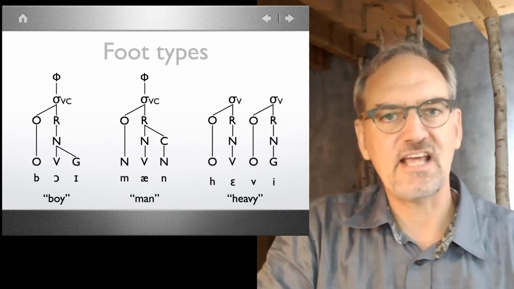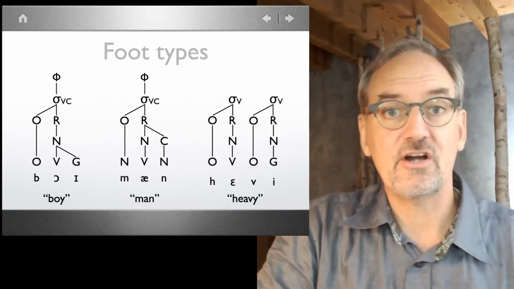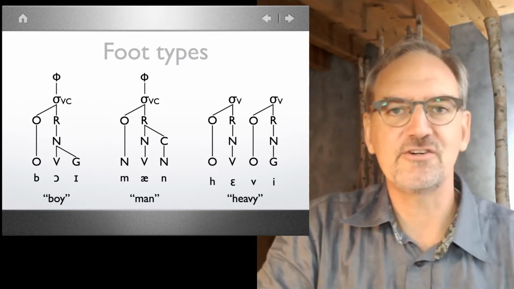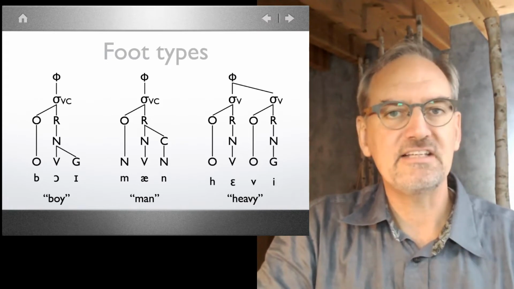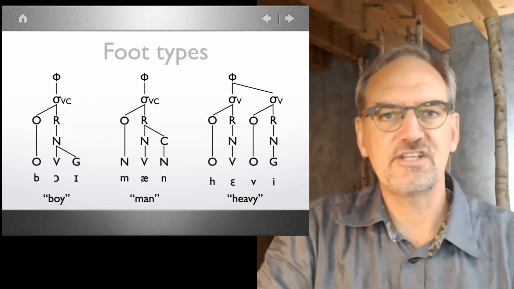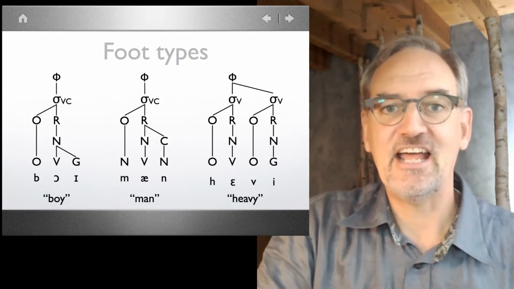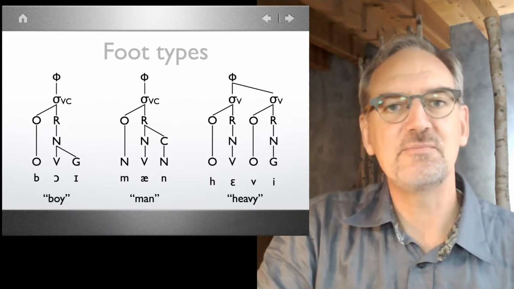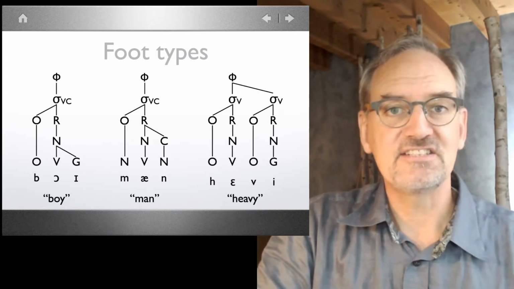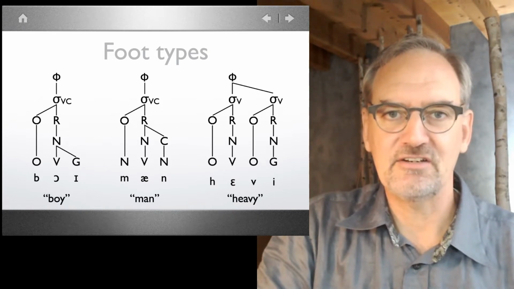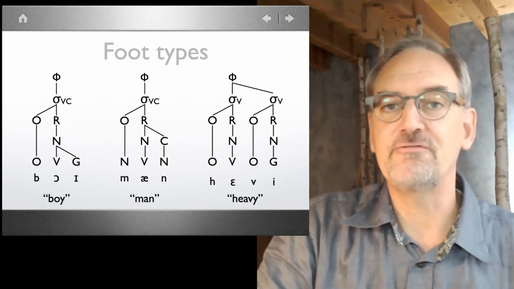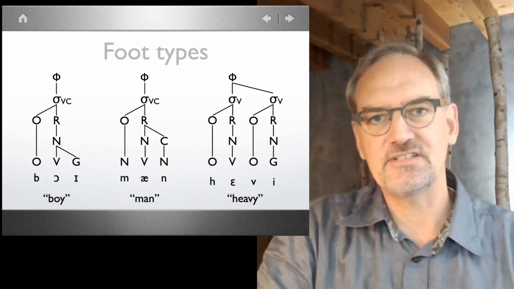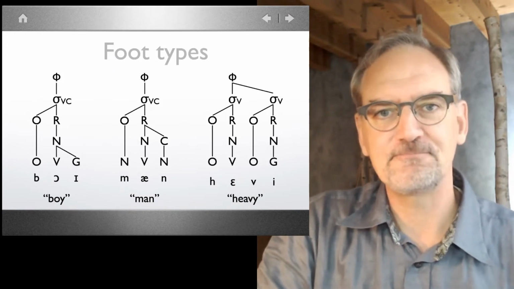Each syllable has one segment in its rhyme, so they are light syllables, but still there are two together that can join together to form a single foot. So a bisyllabic foot would be one in which there are two syllables. And as long as there is a segment in the rhyme of each syllable, it meets the minimum requirement. Now, a syllable with only one segment in the rhyme can't form a foot by itself. That would not meet the minimum requirement of two rhyme segments for a foot.